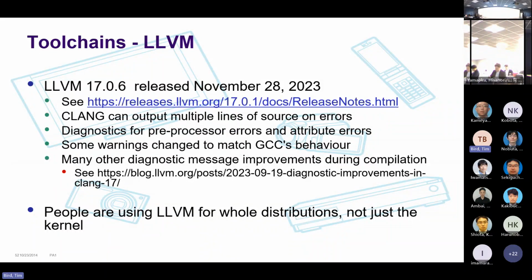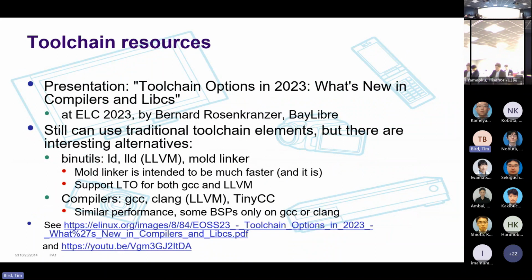I'm sorry, I'm going too fast to see all this. If you're interested in what's going on with toolchains, look up the talk Toolchain Options in 2023 that was given by Bernhard Rosenkränzer, and there are links to the talk and the video right there.